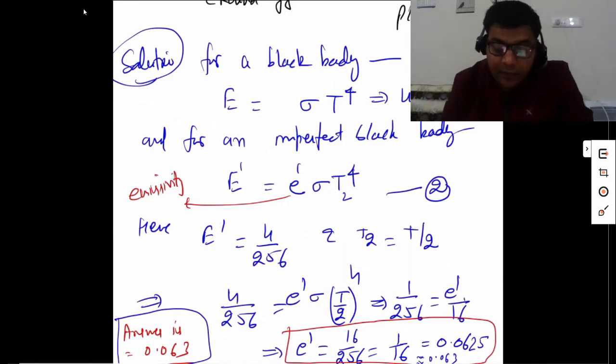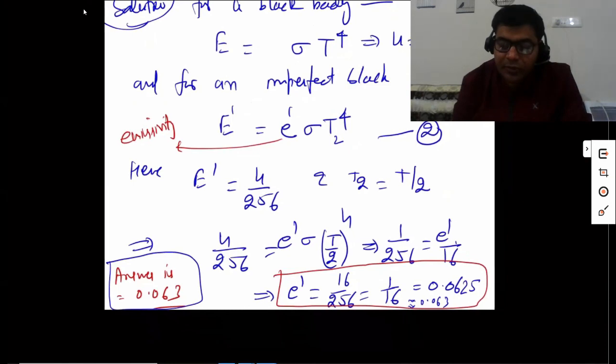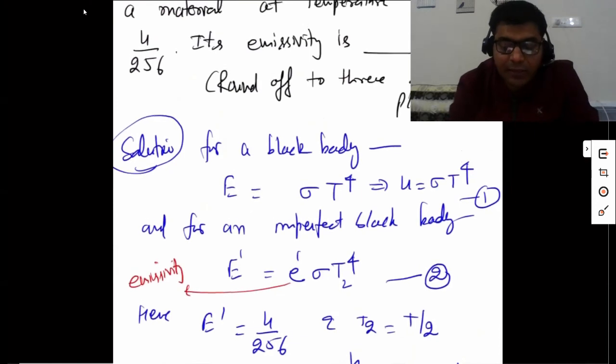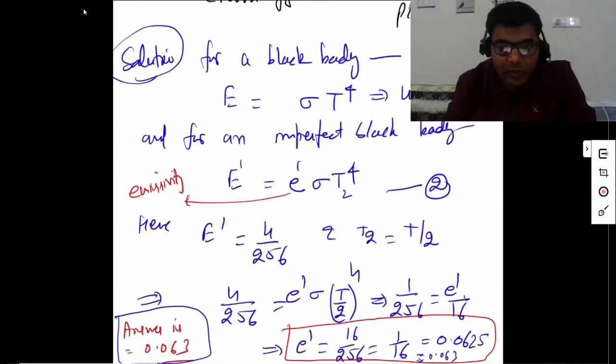So U by 256 equals E prime times sigma times T by 2 to the power 4, and U was nothing but sigma T to the power 4. If I put that in, sigma cancels out, T to the power 4 cancels out, and I get E prime as 1 over 16, which is 0.0625. Approximated to 3 decimal places, this turns out to be 0.063, because in the question it was asked that we round off our answer to 3 decimal places. Finally we got the answer as 0.063.